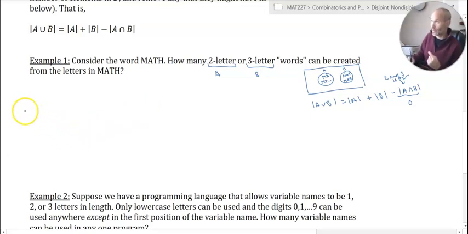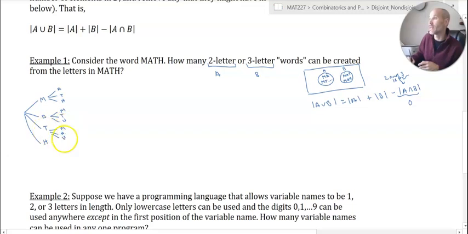So imagine the first letter could be M, A, T, or H. And then if the first letter was M, then for a 2-letter word, the second letter could be A, T, or H. If the first letter was A, it could be an M, T, or H. And then if the first letter was an H, you could have T. I don't know why I'm doing this out of order, but you get the idea here.